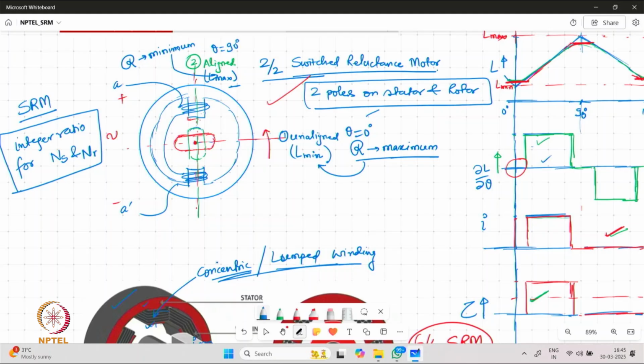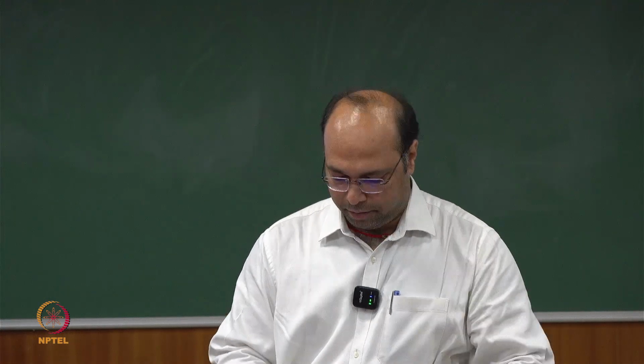However, such machines do exist and many times they may have a tendency to get stuck in one of the positions. For example, if we are operating such a machine and the speed is not very high, there are chances that the rotor may get stuck in position 2 where it is completely aligned, and then to make it move it may take some manual intervention.